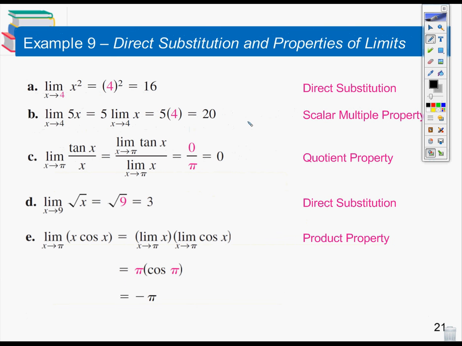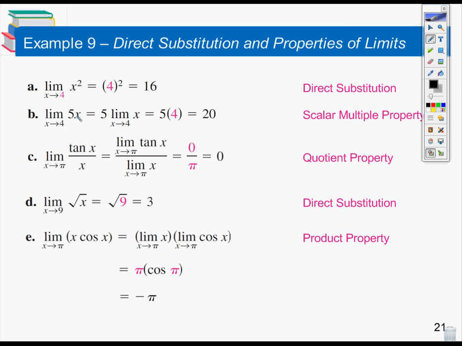Now let's look at examples. Right here I have direct substitution, right? I'm looking for the limit of x squared as x approaches 4. Well, what actually happens to that function at 4? If I plug in a 4, I get 16. Well, the limit as x approaches 4 of x squared is 16. Easy enough. Now what about the limit as x approaches 4 of 5x?